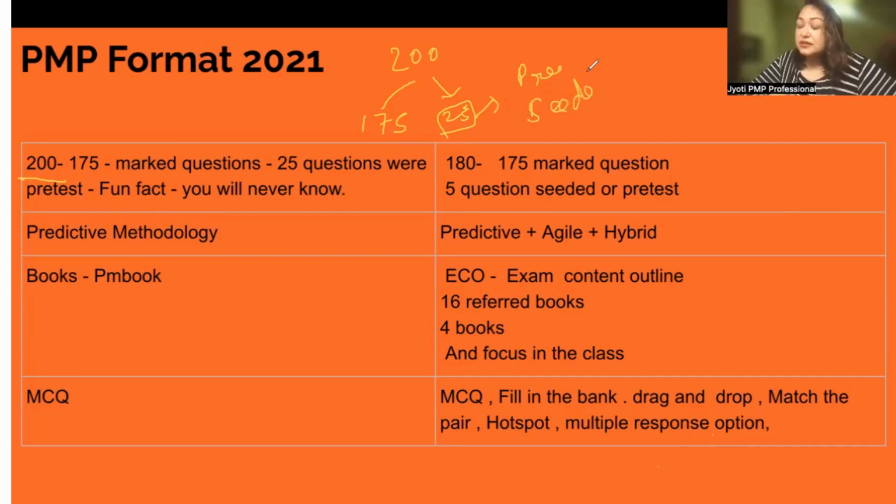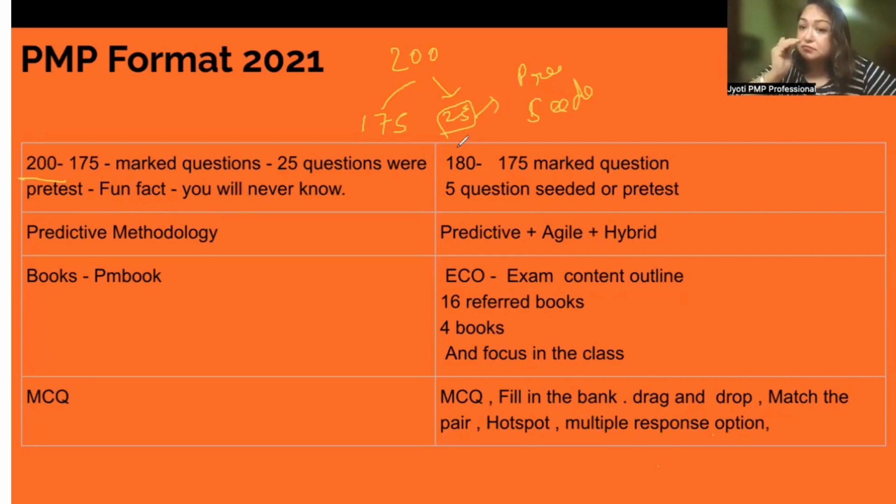Seeded questions are questions for which you will not get marks, even if your answer is correct. Many times when I take my classes, I get asked whether we can leave these 25 questions. You will never be able to recognize which those 25 questions are out of those 200 questions.